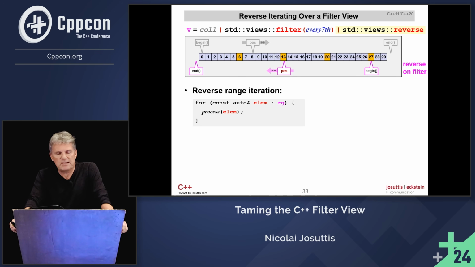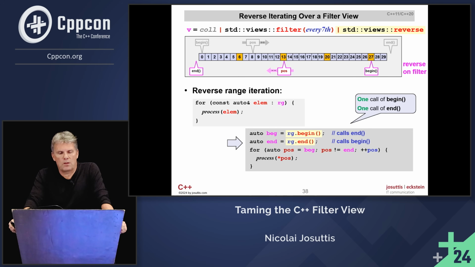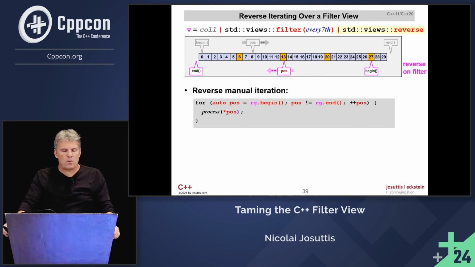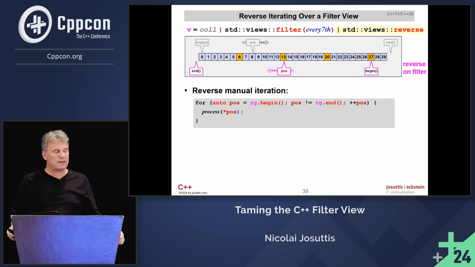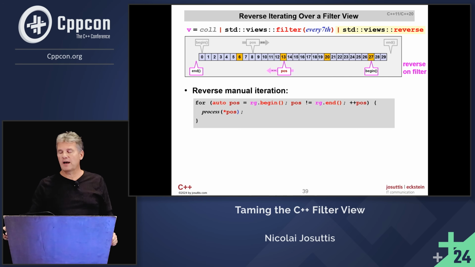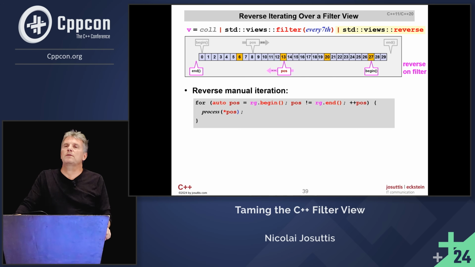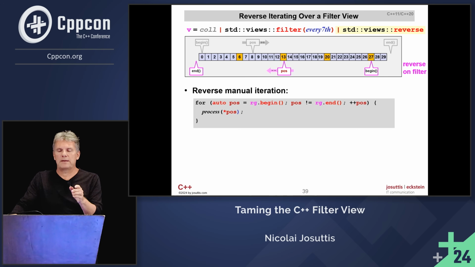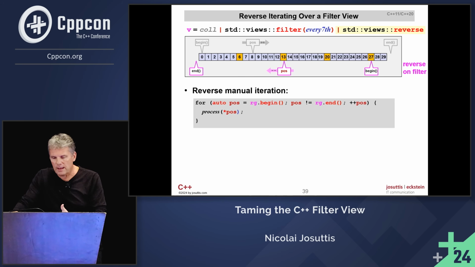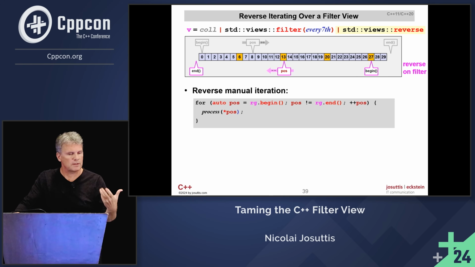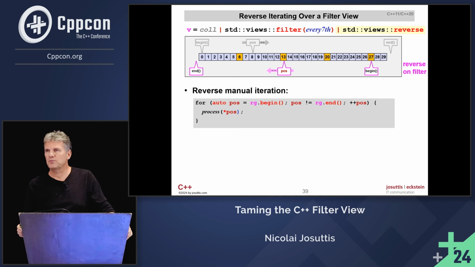So here, now it's interesting. If you have the range-based for loop, once again, we call once begin, once end. Okay. But now if we iterate with the manual way, calling multiple times end, this will multiple times call begin. That's not good. Because for each and every element we iterate, to compare with end, we compute begin, and begin might be just the last element, so might be a linear computation.